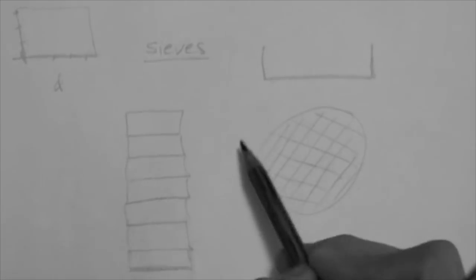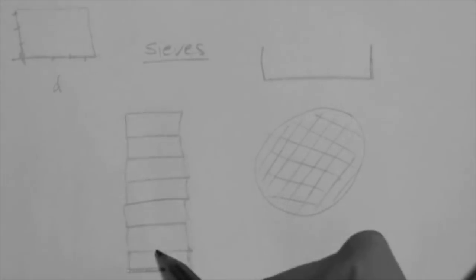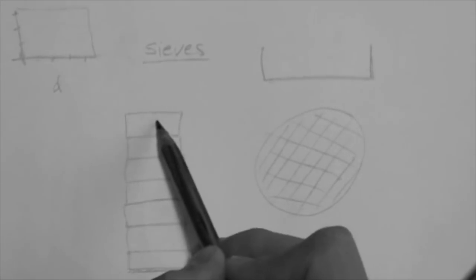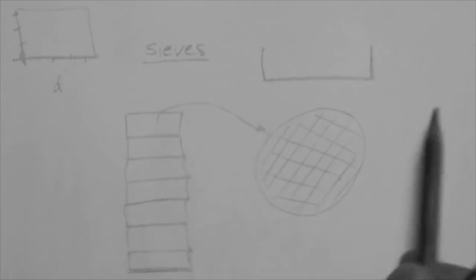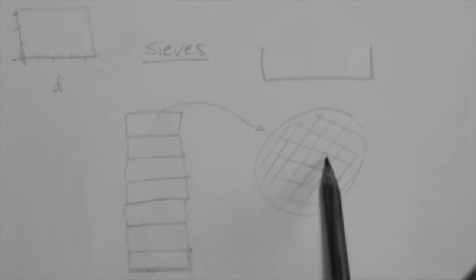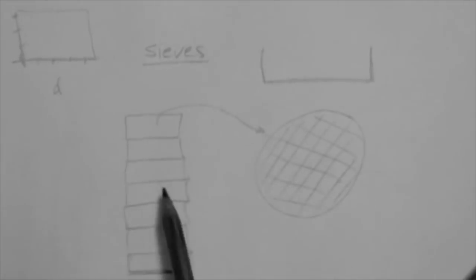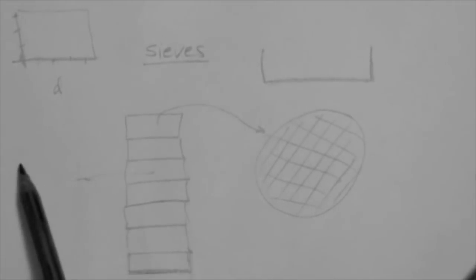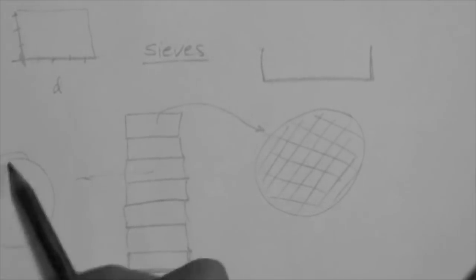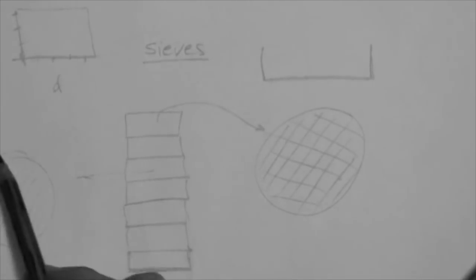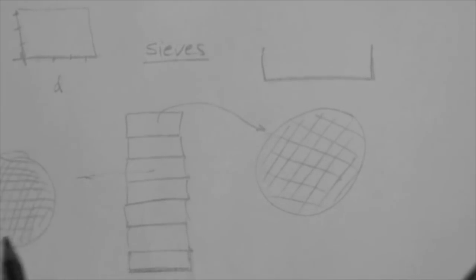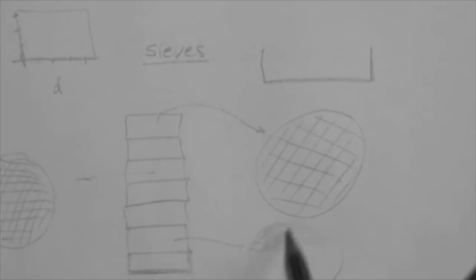Now, if you stack them like this and you look at this sieve from the top, it may have holes this big. If you look at this one, it's going to have finer or smaller holes. This one, very fine mesh.